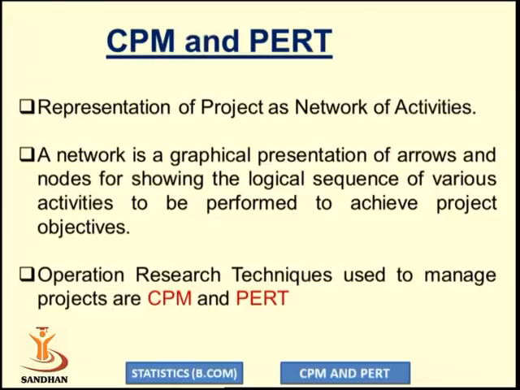So all the activities that we have to perform in a project should be displayed or planned on paper using a network diagram. A network diagram consists of arrows and nodes. The activity will be denoted by arrows and the event will be denoted by nodes or circles. The operation research techniques used to manage these projects are CPM and PERT.